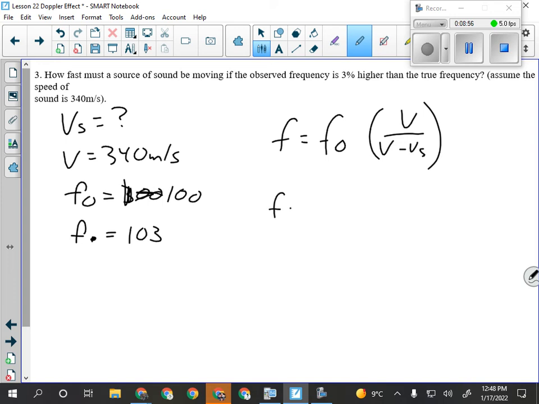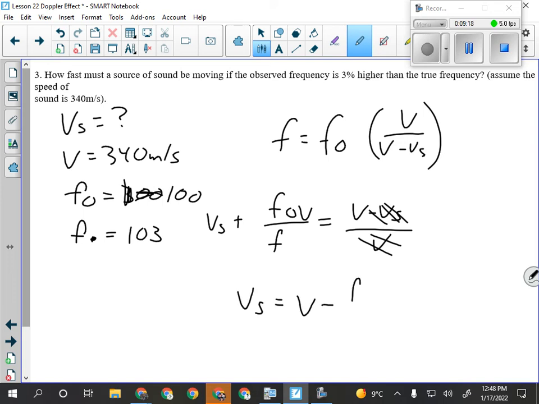I'm going to divide both sides by FO, and then I'm going to reciprocate so that I've got V minus VS on the top over V. Multiply both sides by V. Then I'm going to add VS to both sides so that it becomes positive, and I'm not solving for a negative, and then I'm just going to subtract this over. So I'll have that VS equals V minus FOV over F.